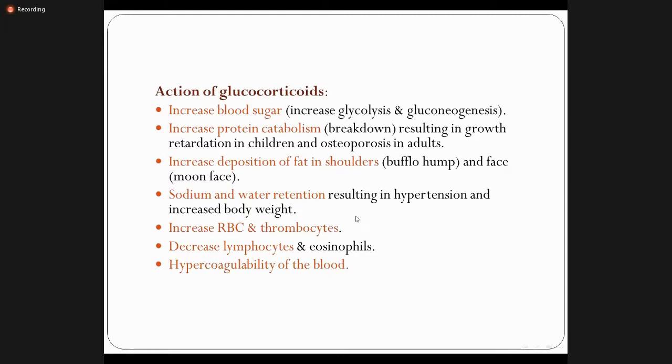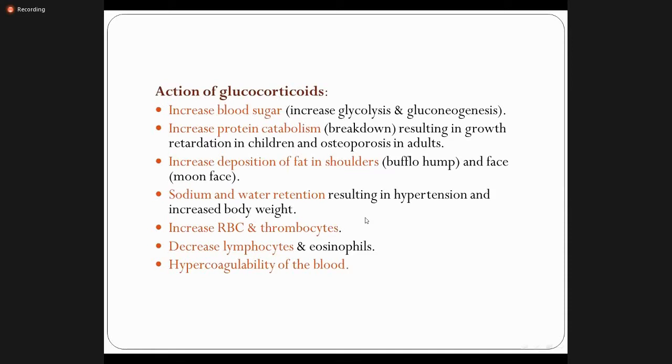So glucocorticoids are going to enhance the salt and water retention mechanism. If there is increased salt and water retention, there is increased blood volume, increased chances of hypertension, and ultimately it will increase the body weight.